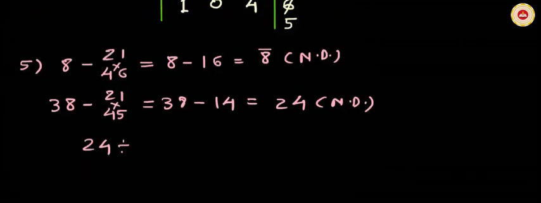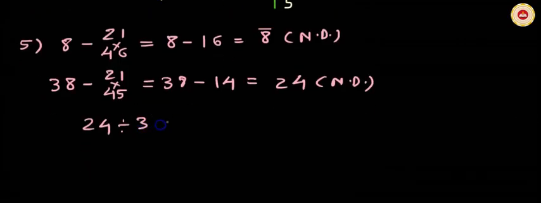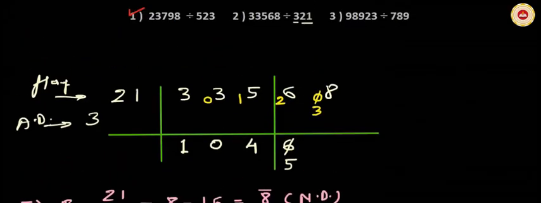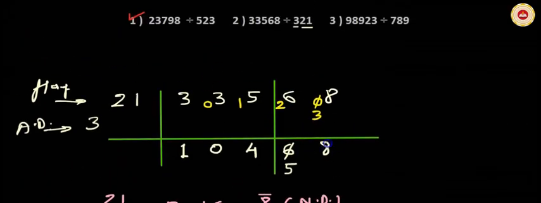Okay, actual divisor 3, which gives us quotient 8, since 3 eights are 24. Yes, quotient is 8 and remainder is 0. So write quotient 8 below gross dividend 38 and remainder 0 as a prefix to the next digit in the dividend, which is 0.